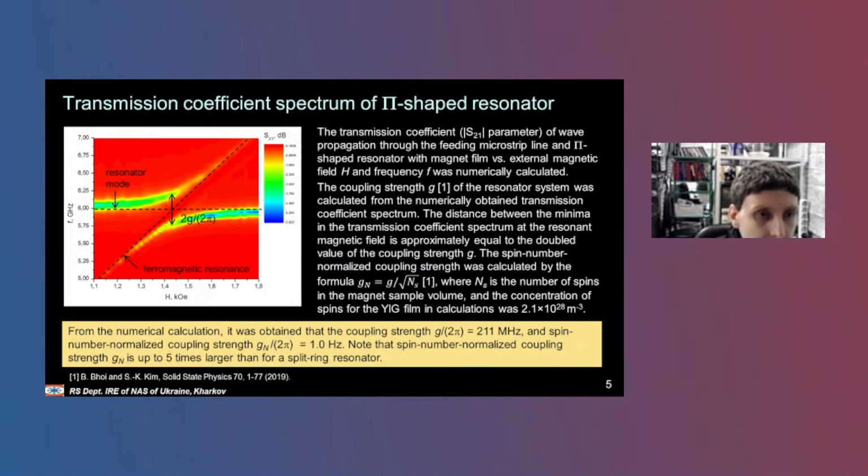Also, we calculate the spin-number normalized coupling strength by this formula. Here, Ns is the number of spins in the magnetic sample volume. The concentration was chosen here for the yttrium iron garnet monocrystalline sample.